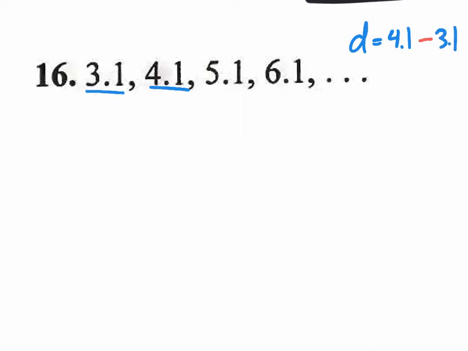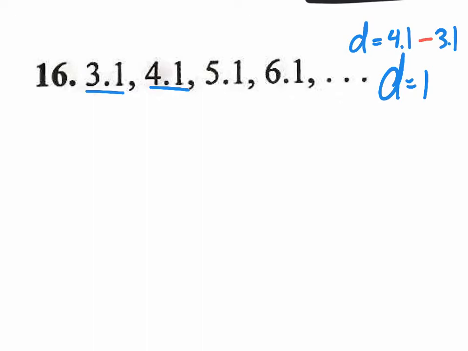So what is 4.1 take away 3.1? Or how about this? What's $4.10 take away $3.10? $1. 4 take away 3 is 1, gentlemen and ladies. So our common difference really is 1.